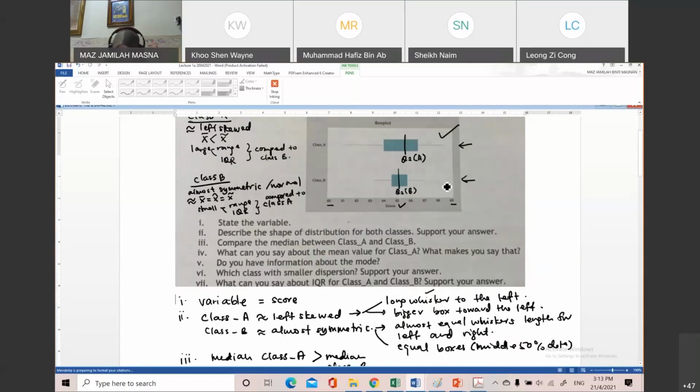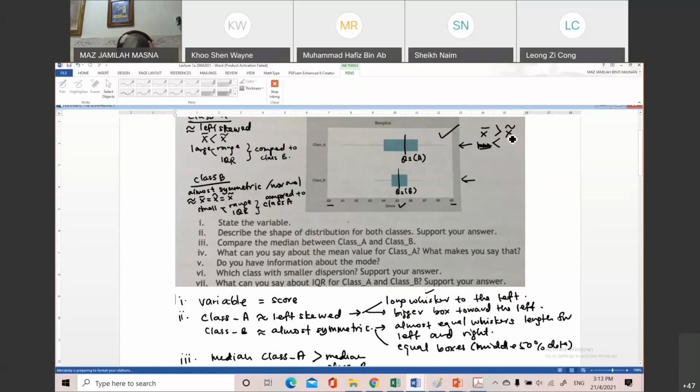When you have skewed to the left, should the mean, x bar, be greater or less than the median?